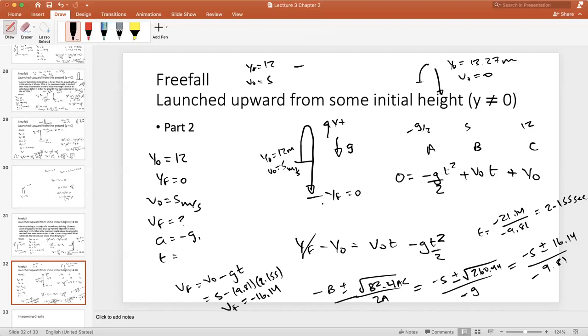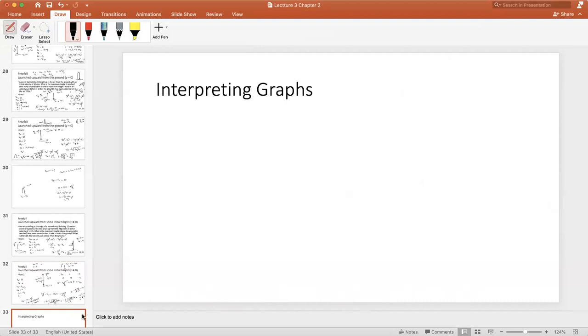The last thing I'm going to talk about, and this is really stuff that you need to look at yourself. I don't need to guide you through this. Section 2.6 is all about interpreting graphs, and it's stuff we've already done. It's basically that when you have a v of t graph, the area under the curve is the change in displacement.